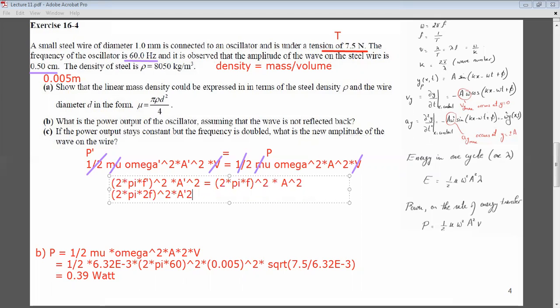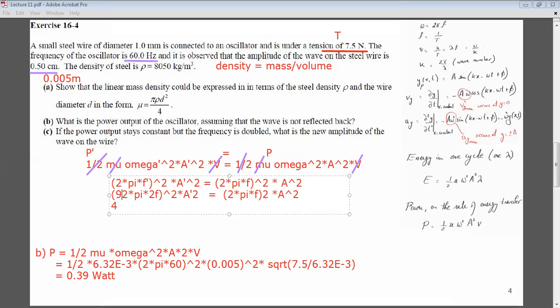This is equal to 2 times pi times f, squared, times A squared. Now, here I have 2 pi f. I will keep it inside, but I have a 2 here next to the f. I will take it outside. 2 squared will be 4.